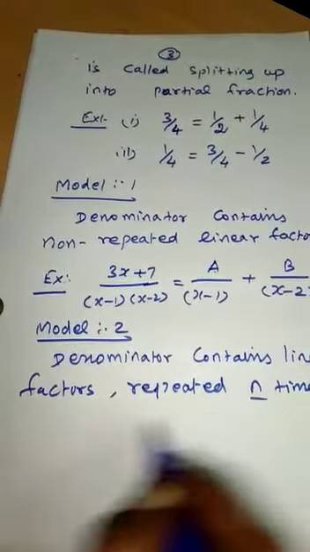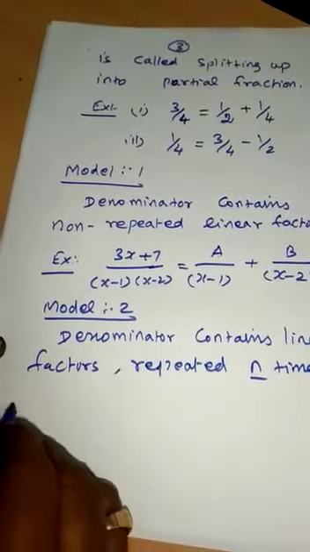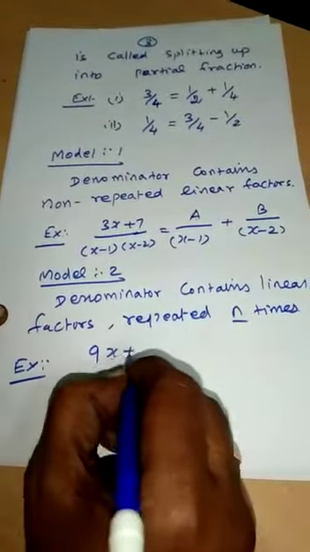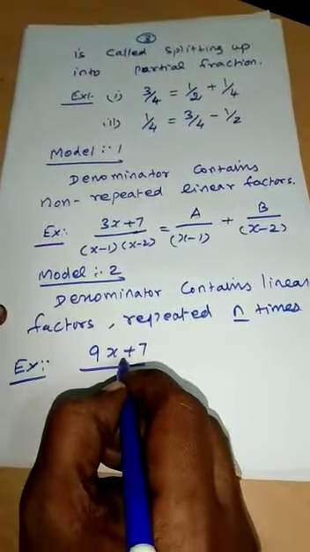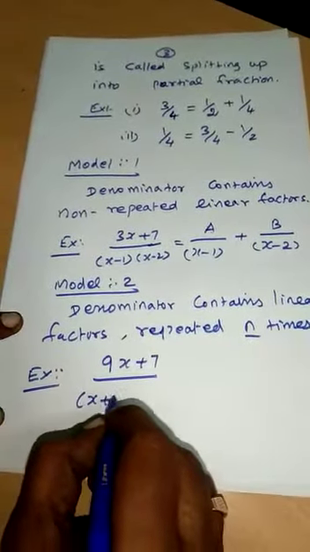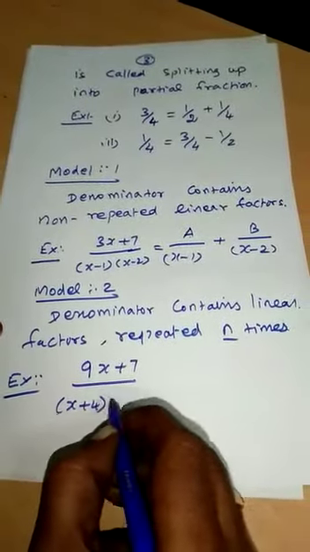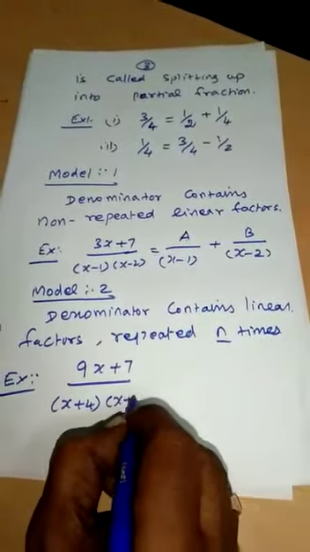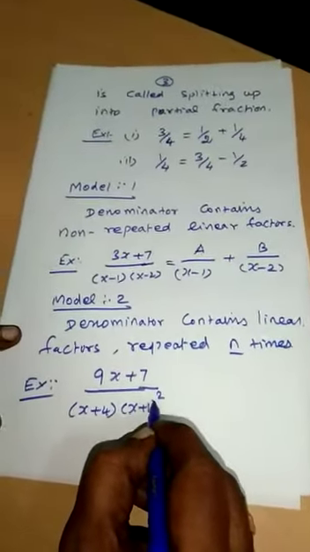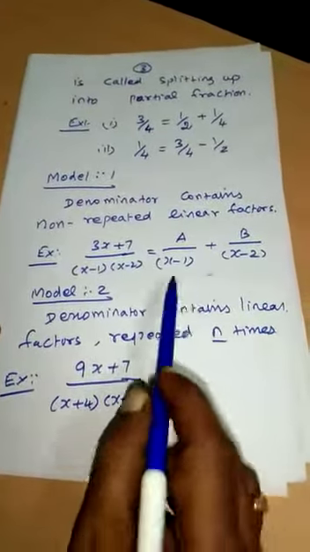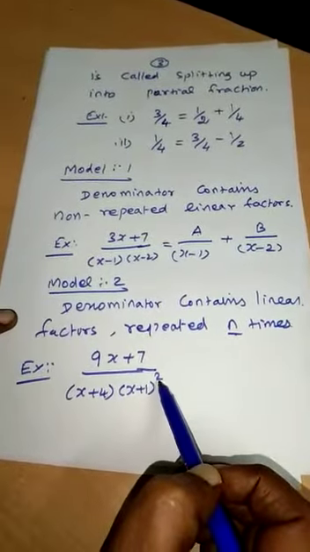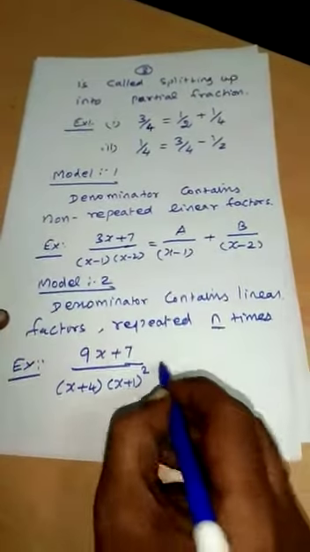That is, example: 9x plus 7, this is numerator p of x. Q of x is x plus 4, it is one time, and x plus 1 squared. It is 2 times or 3 times, n times. It can be repeated n times. Here 2 times. It can be 3 or 4 like that.